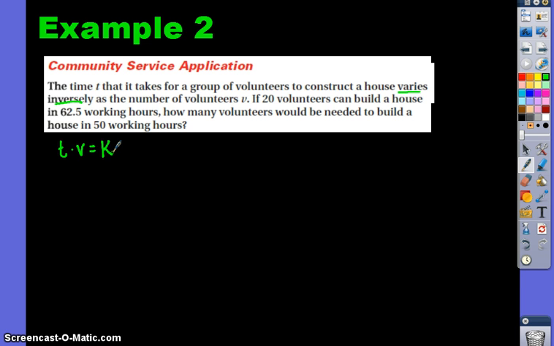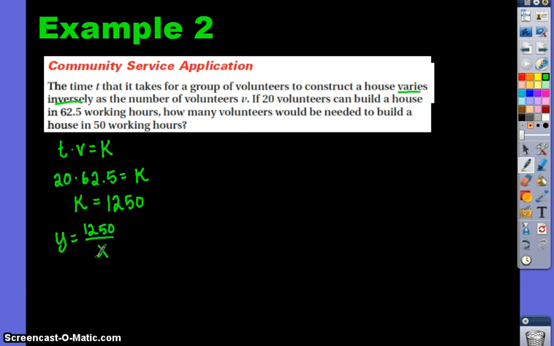So we have 20 volunteers and they're going to work 62.5 hours, and that's going to give us our constant. So our constant of variation is 1,250. In other words, our equation for this situation would be y equals 1,250 over x.